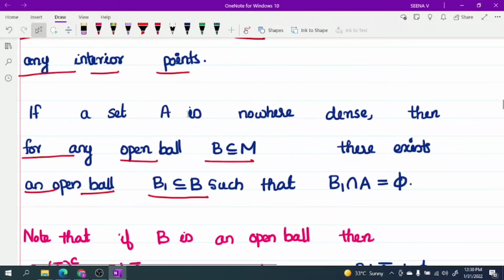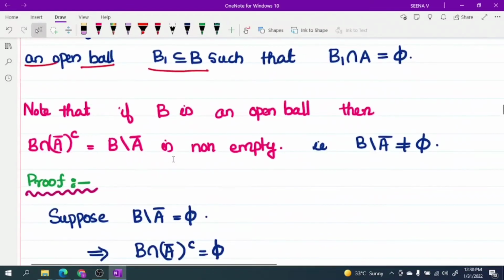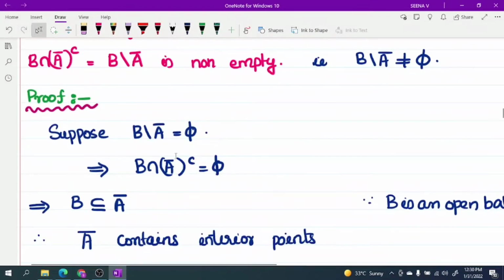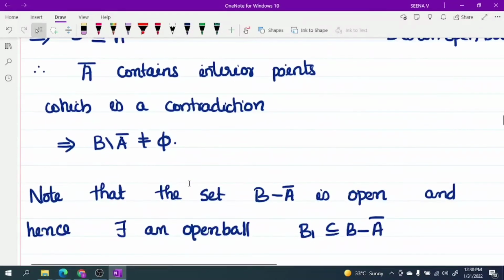Nowhere dense set means that closure does not contain any interior point. If B is an open ball, then all the points are interior points. That means A closure contains interior points, which is a contradiction. Therefore, B minus A bar is not equal to empty.